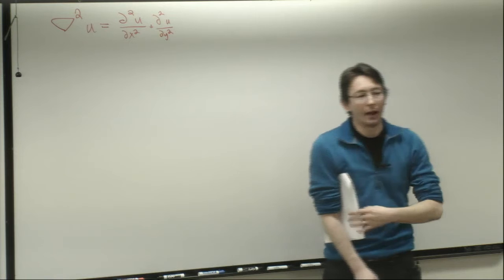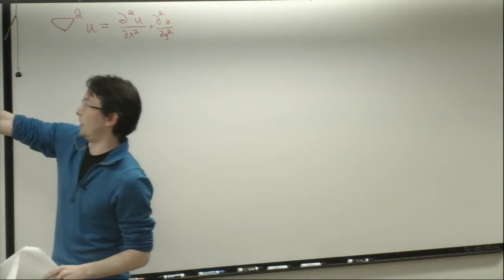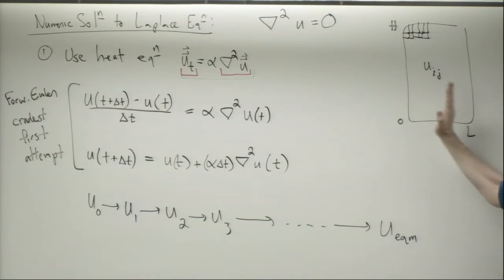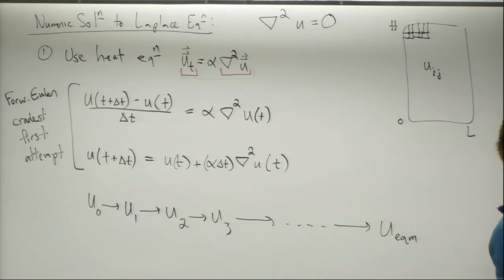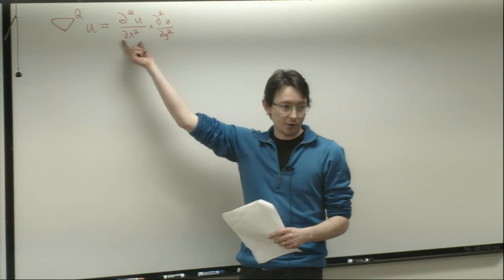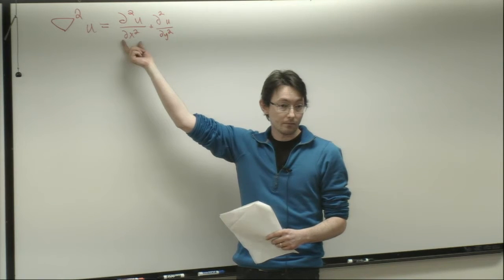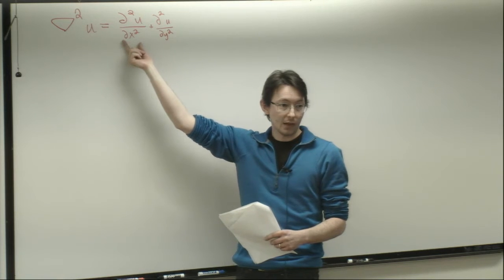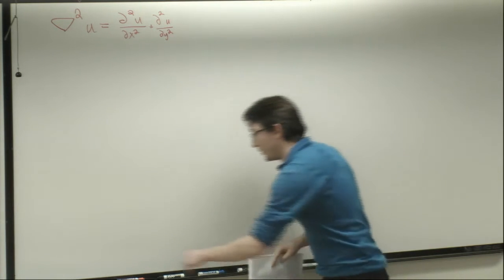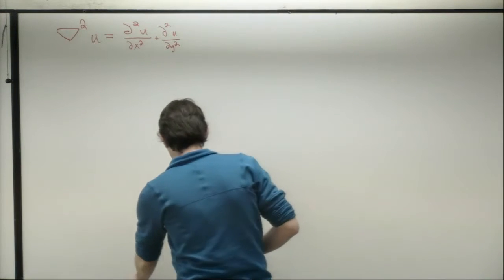Okay, so at every single grid point, at every ij grid point here, i and j are indices for my grid points. They go from index 1 to L, 1 to M. Do we know how to compute these partial derivatives? Yes. Okay, how do we compute these partial derivatives?